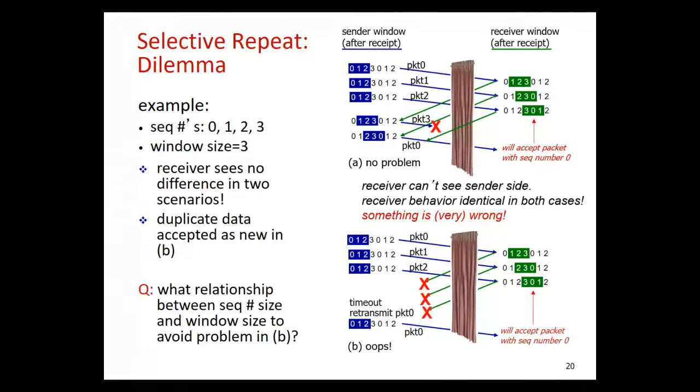Yes, make the window size smaller, correct. So if we make the window size, for example, 2 instead of 3, let's assume that we make the window size 2 instead of 3, right? Make it smaller. Keep the same sequence numbers.